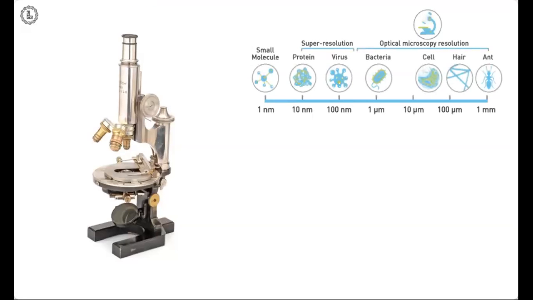So let's start from absolute basics. The interest in microorganisms around us started with the discovery of the microscope, and as the resolution improved, more and more microorganisms like bacteria, fungi, and even viruses were discovered. At the time of development, the optical resolution could reveal only up to 1 micrometer, which is a typical size of bacteria.